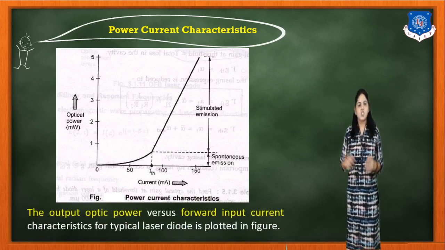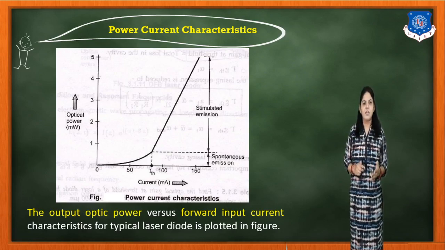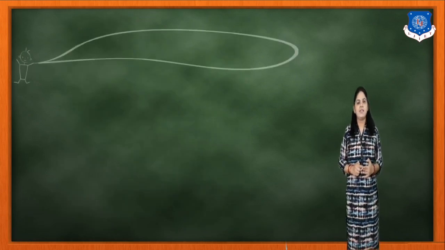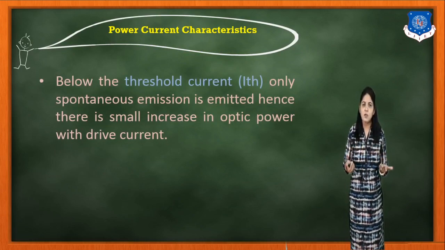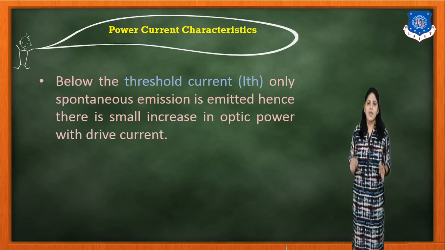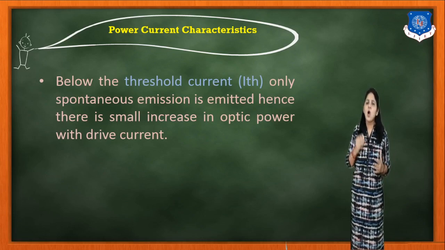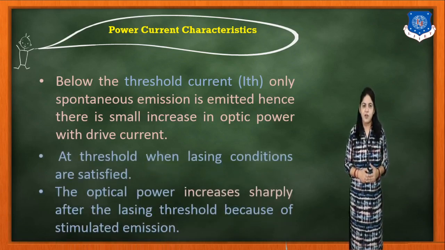The optical output power versus the forward input current characteristics for a typical laser diode is plotted in the diagram. Below the threshold, only spontaneous emission is emitted, and hence there is only a small increase in the optical power with the drive current.